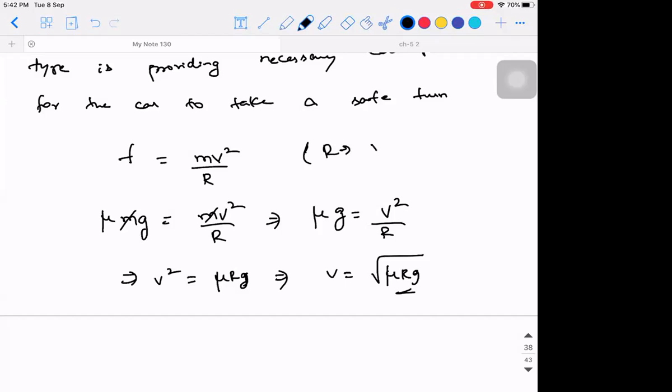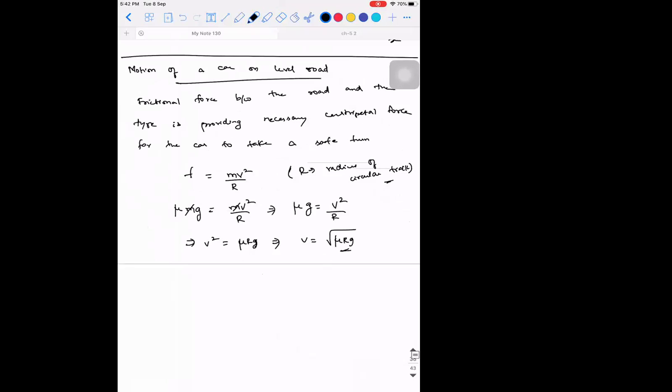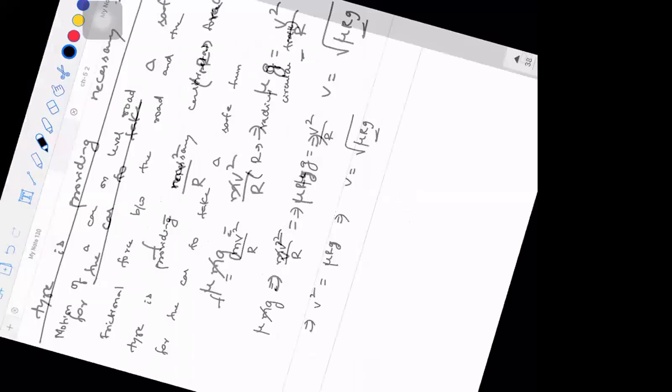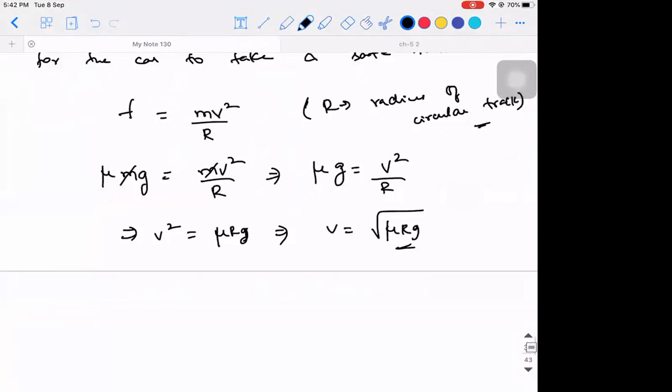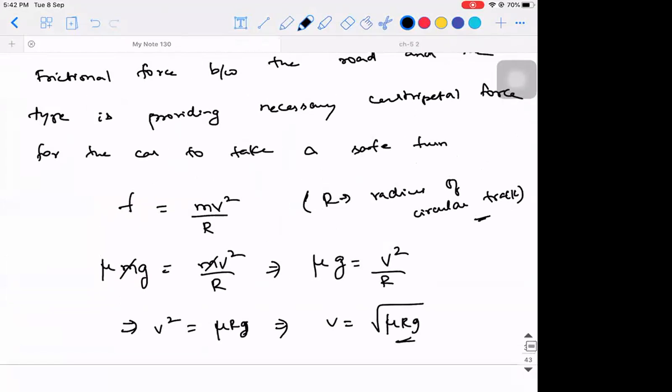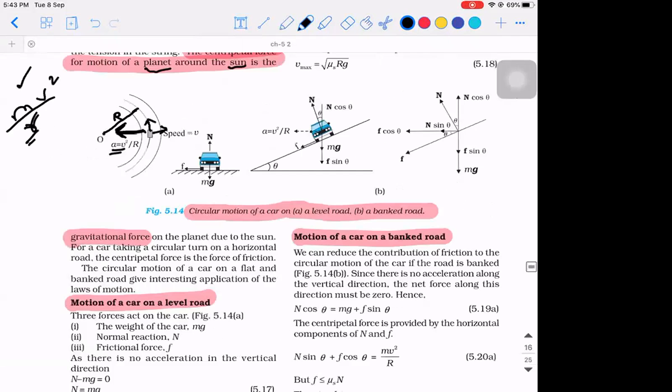Radius of circular track. So write it down. Done?